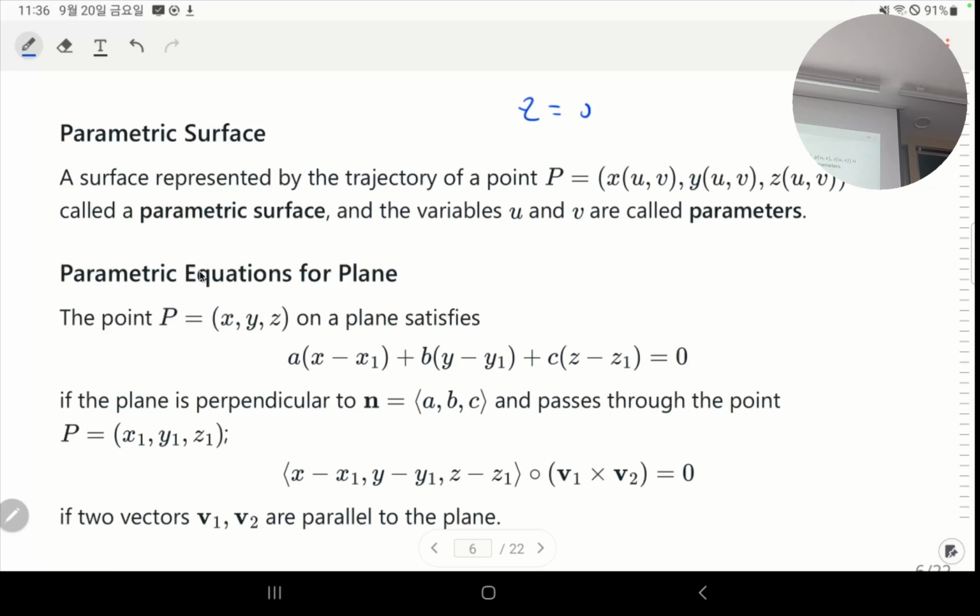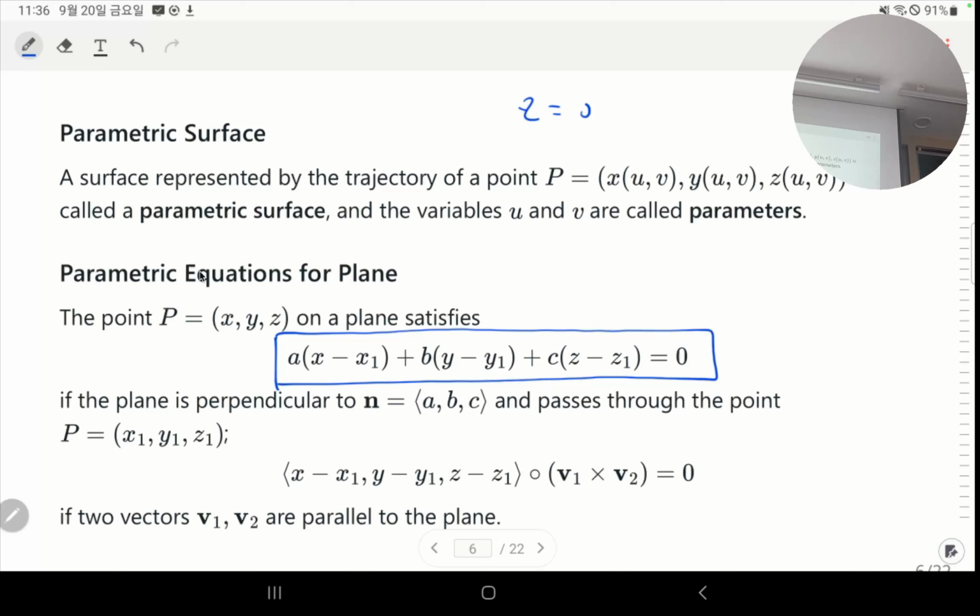So let's generalize a little bit more. If the point satisfies this equation, let's see what it means. Here x1, y1, z1 are constants. I took the x1, y1, z1 from the point x, y, z.